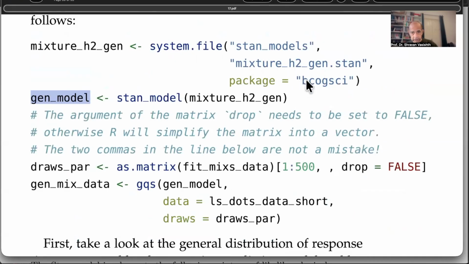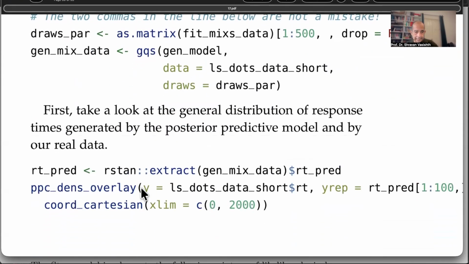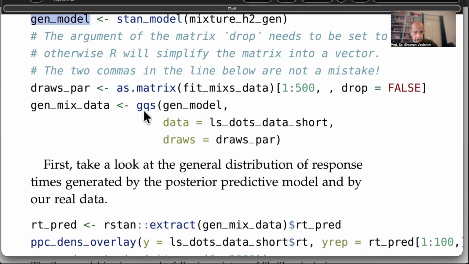That mixture h2gen Stan model is being provided to the GQS function. So the GQS function takes as input the model that will produce the posterior predictive data, takes the actual data as well, because then you can compare the actual data with the posterior predictive data, and then it takes as many draws as you want from the posteriors of the parameters, right? That's what we did here.